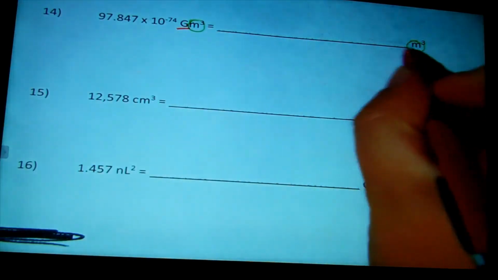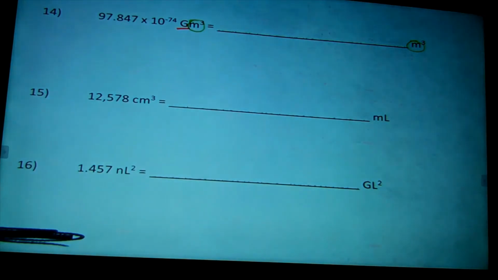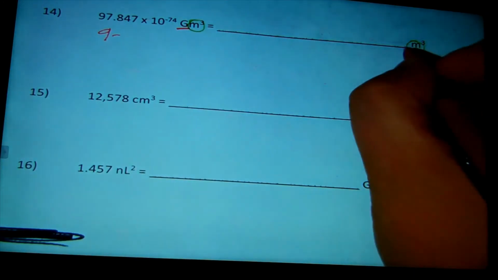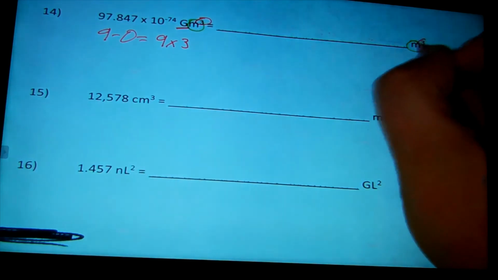So we're looking at the difference between giga and the base unit. Giga is 9, minus base unit, which is 0, so that's 9. We're going to multiply that by 3 because our units are cubed.